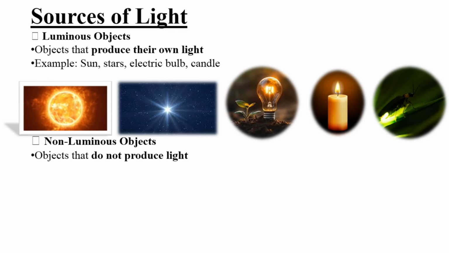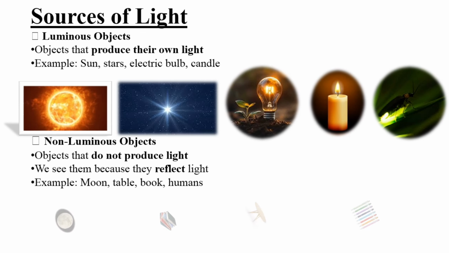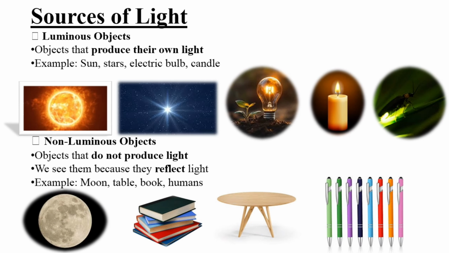Next one is non-luminous objects. These objects do not produce any light on their own. We can see them only when light from another source reflects off them. Think about the moon.